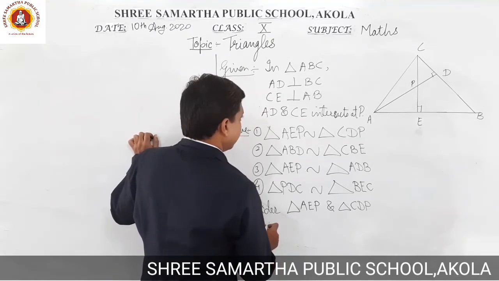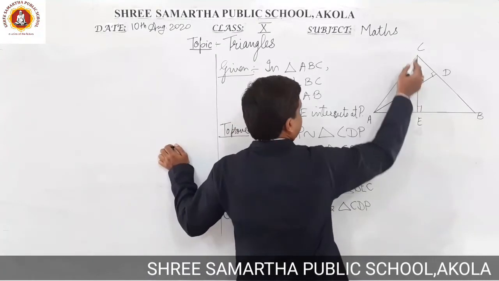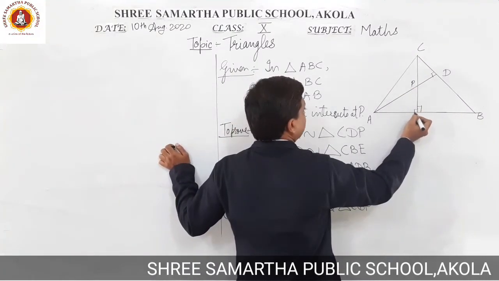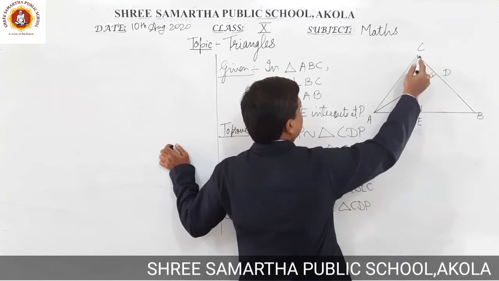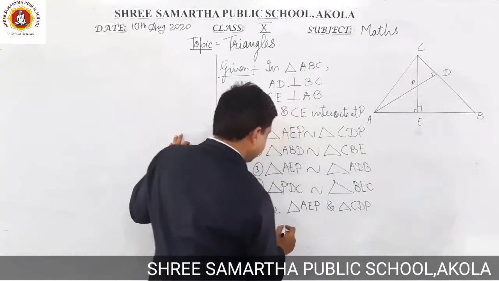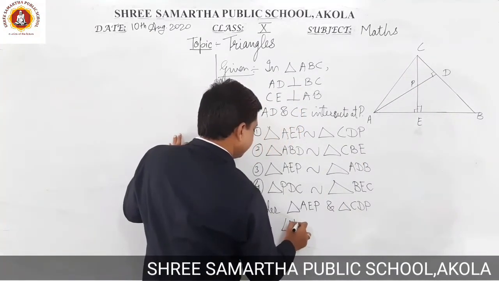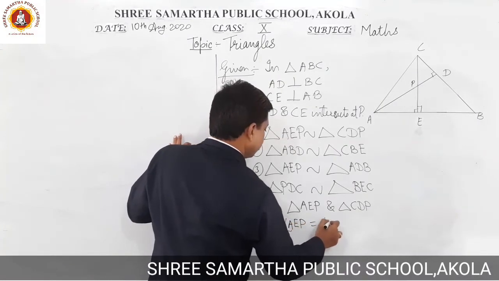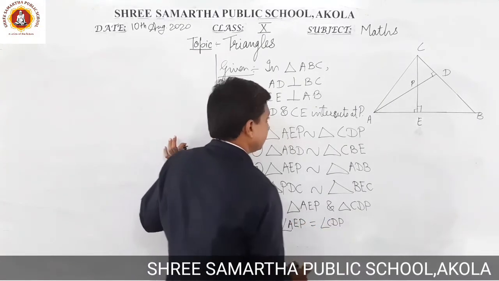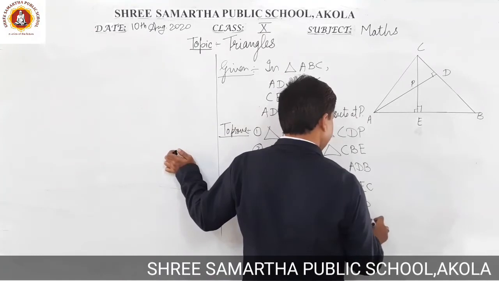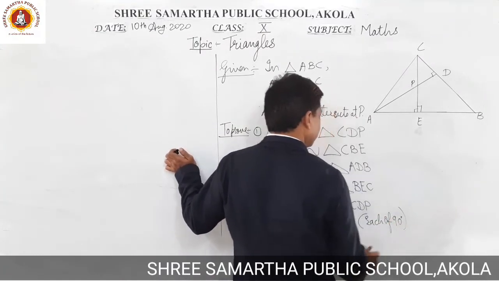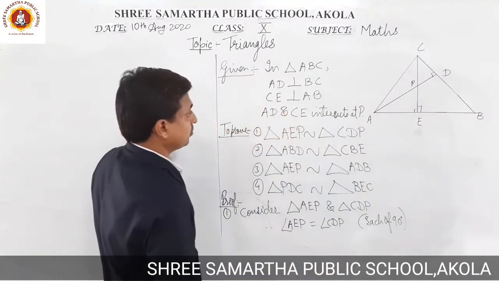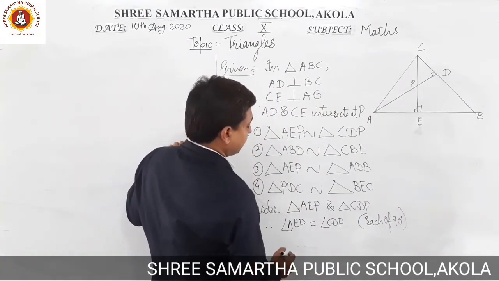In these triangles, this angle is perpendicular, so it is 90. Angle AEP is equal to angle CDP, each of 90 degrees.